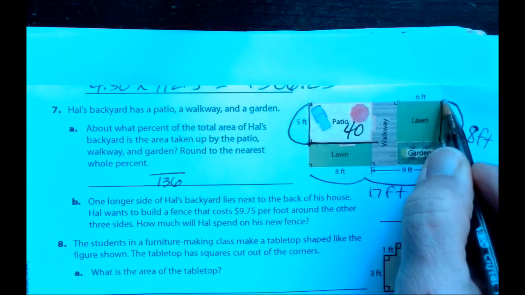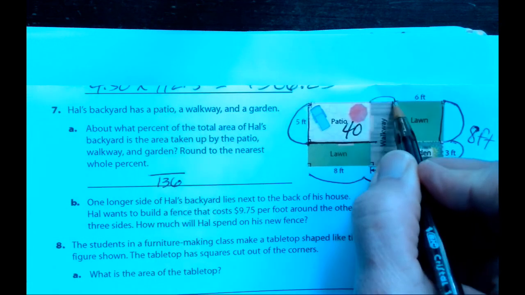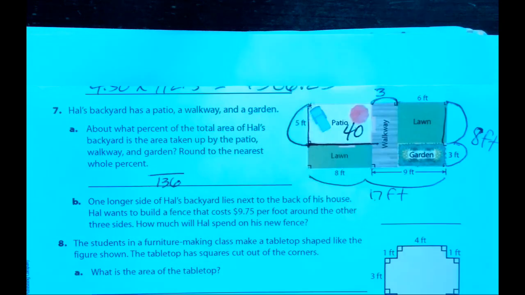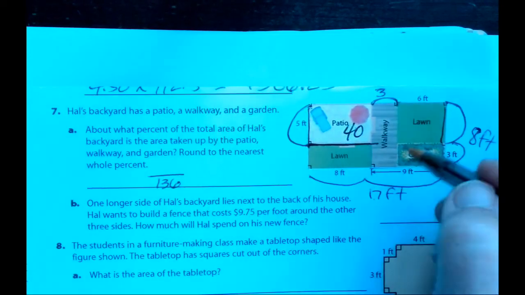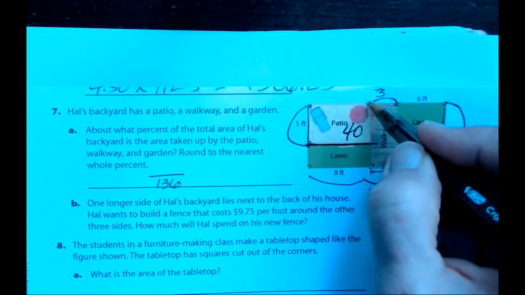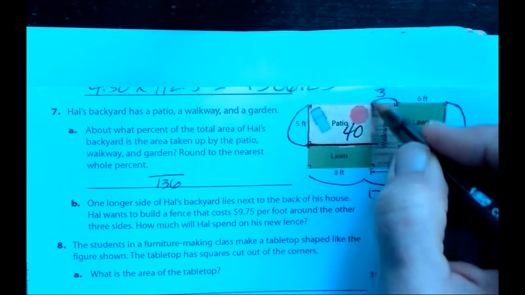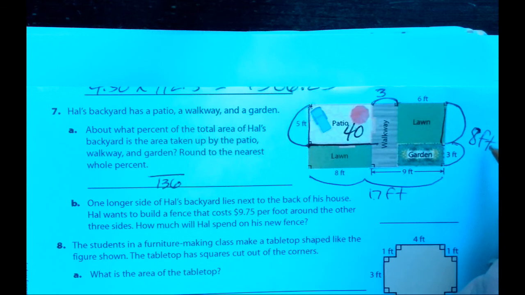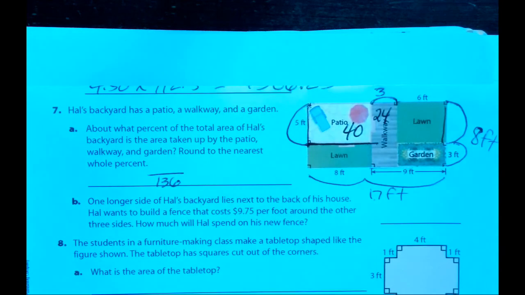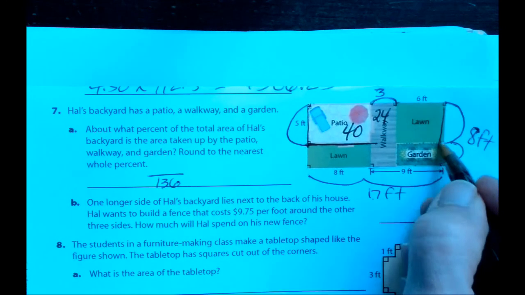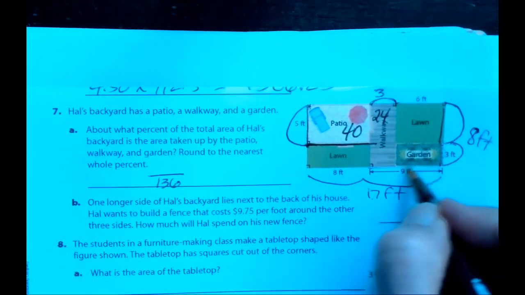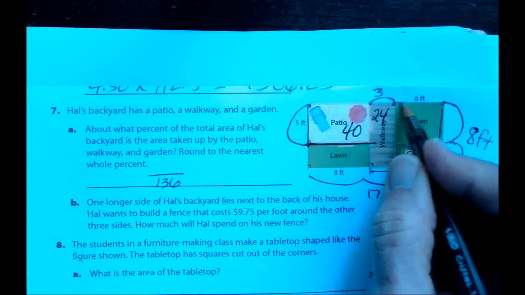So that means this missing piece would have to be the difference between them. That would make that 3 feet. So now we know that it has this base length of 3. The height we had already said was 8. So 3 by 8 is 24. So 24 square feet of walkway. And then for the garden, we see that this height is 3, and this is only part of the 9. It's 6 in length here, so 6 by 3 is 18.